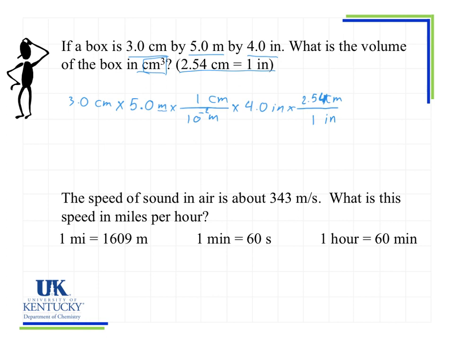So we had our height, length, and width. If you see, we have meter cancel with meter, inches cancel with inches, so we end up with centimeter, centimeter, and centimeter. So the unit is cubic centimeter, and that's what we want.